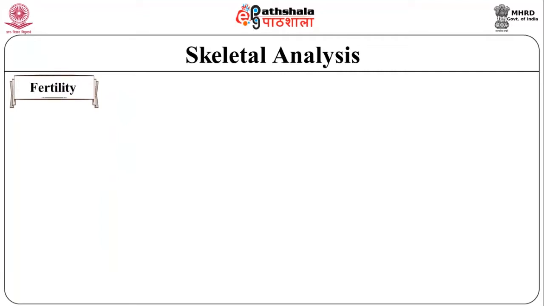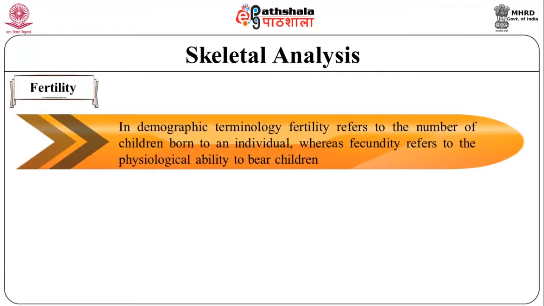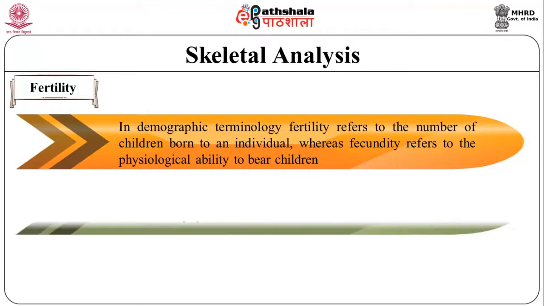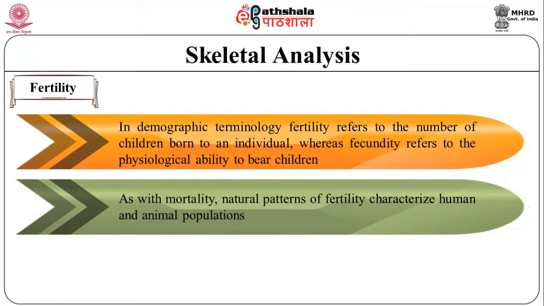Now let's have a look at fertility. In demographic terminology, fertility refers to the number of children born to an individual, whereas fecundity refers to the physiological ability to bear children. As with mortality, a natural pattern of fertility characterizes human and animal populations.